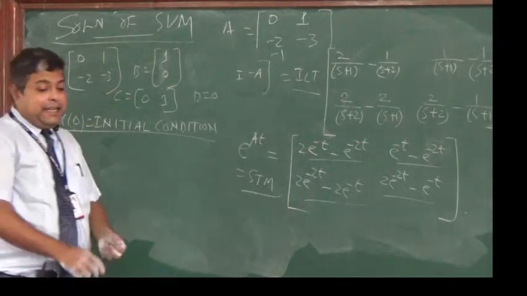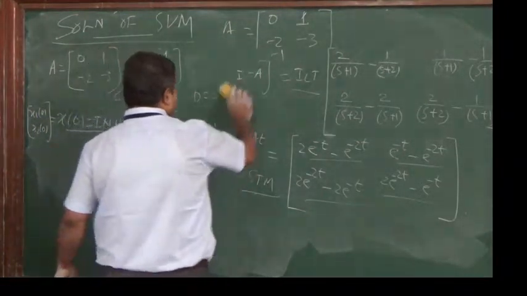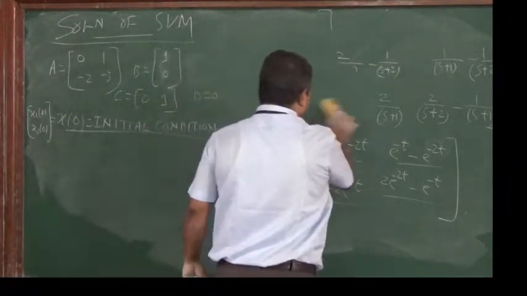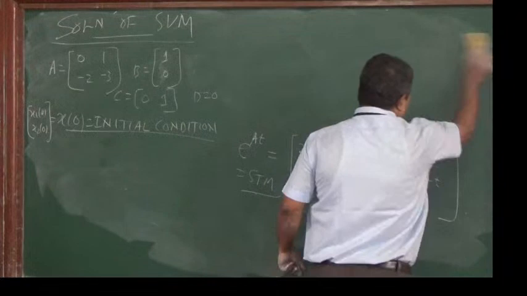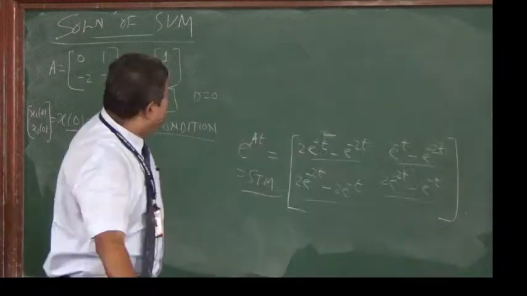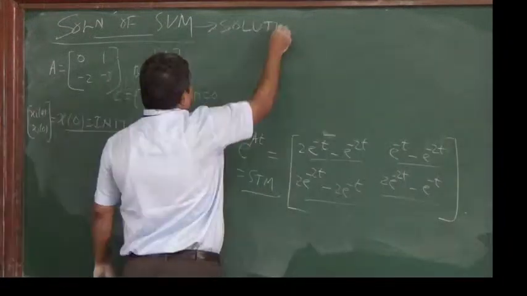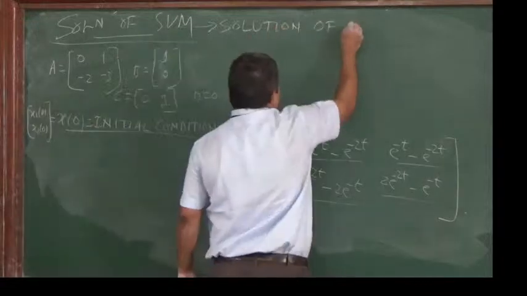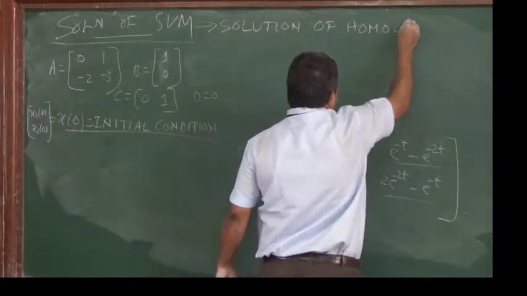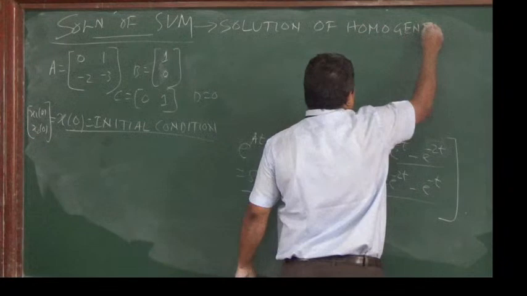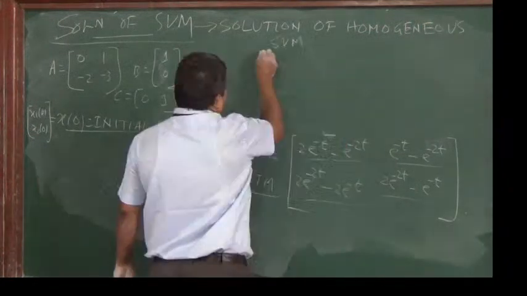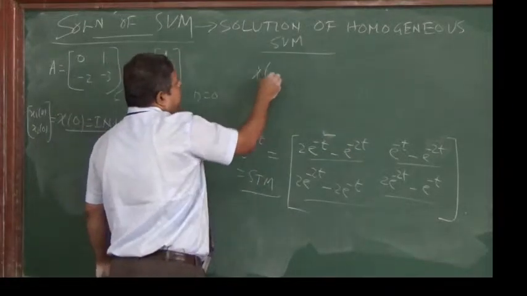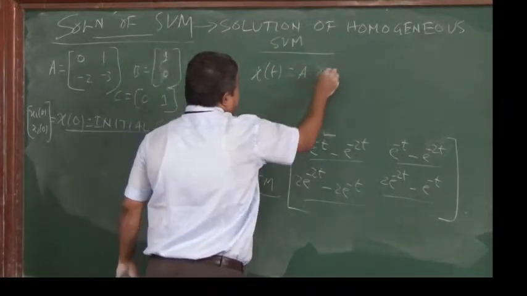So please take a numerical, keep this e raised to At the same. Take a numerical, that is the solution of the homogeneous state variable model, homogeneous SVM. What is meant by homogeneous SVM? x dot t is equal to Ax t.